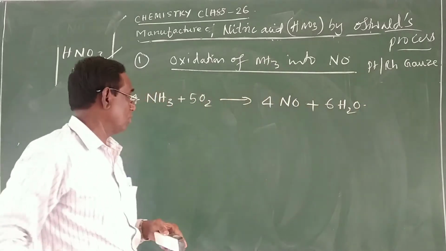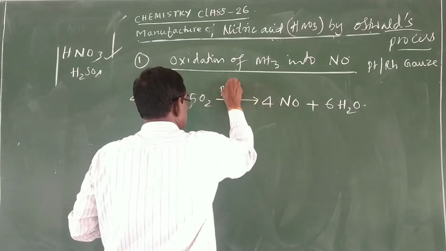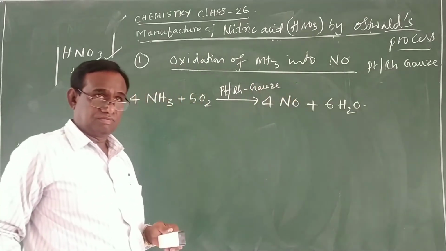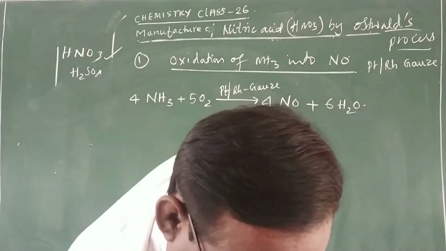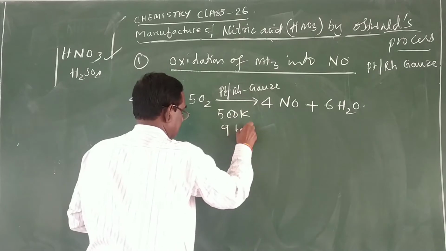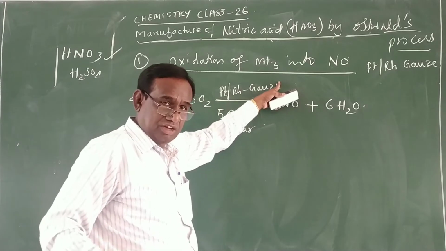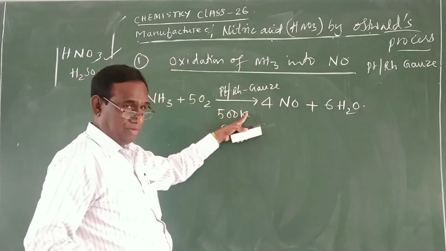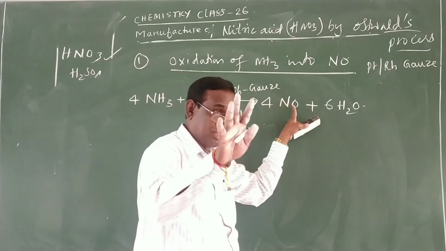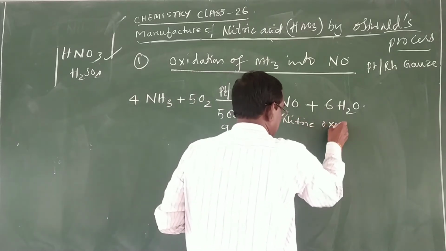The conditions are platinum-rhodium gauze as catalyst, a temperature of 500 Kelvin and 9 bar pressure. So ammonia undergoes oxidation to nitric oxide. This is nitric oxide, not nitric acid, it is nitric oxide.